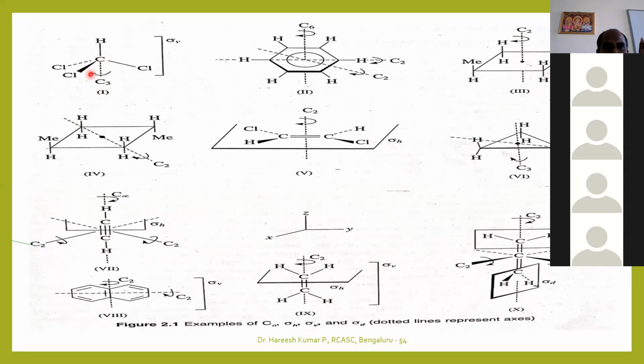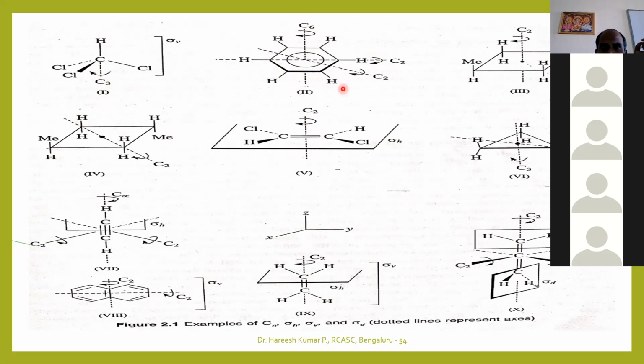This moiety will have a C3 rotation, and this one will have a C6 rotation. Okay, with C6 you need to account for the principal axis and then the secondary axis. So this one will be the principal axis and all the other things, this one and this one, are the secondary axes.